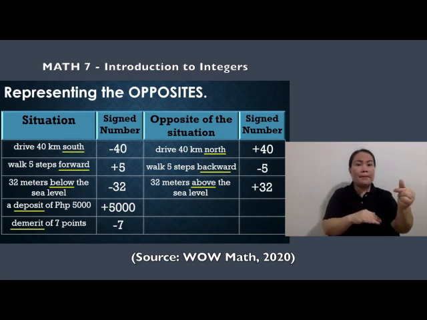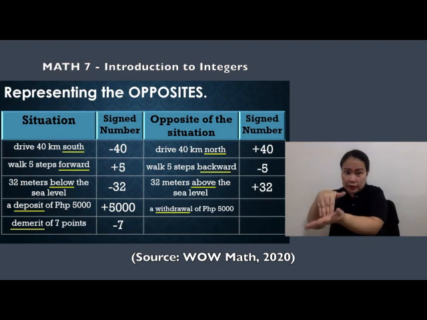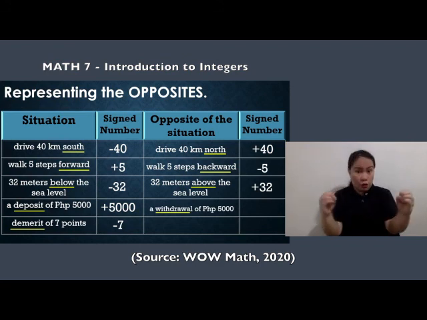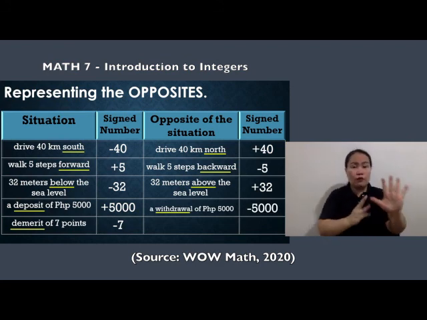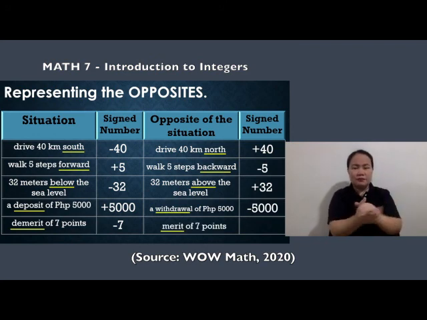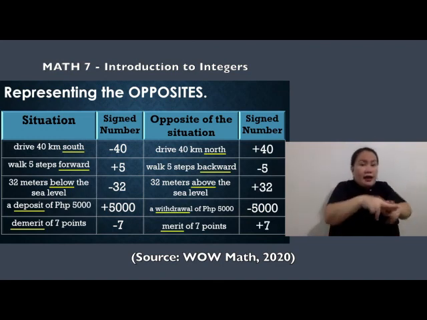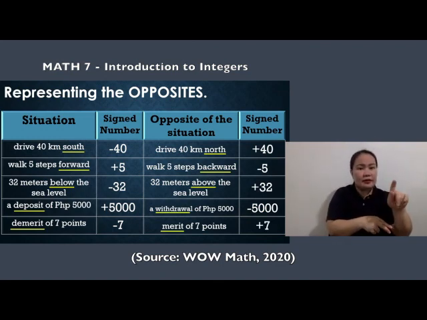Now, a deposit of 5,000 pesos, that is a withdrawal of 5,000 pesos. So, that is negative 5,000. Next, the merit of 7 points. So, merit or pwede rin namang an additional of 7 points. So, that is positive 7.